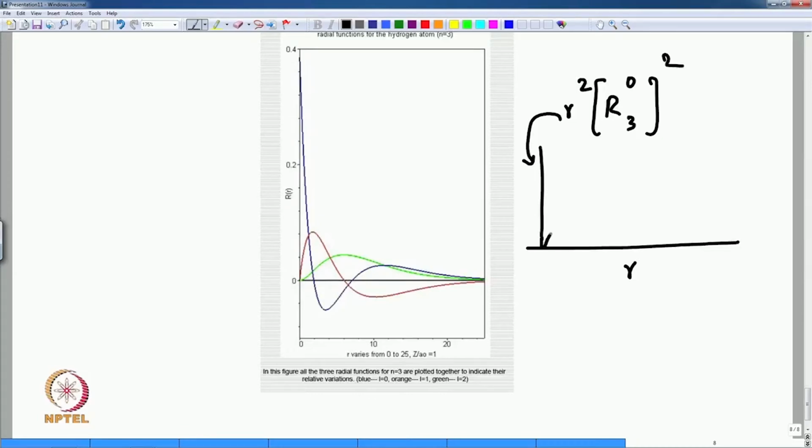The radial probability will look somewhat like that, with the two nodes corresponding to the points where this polynomial, the radial function, goes to 0.